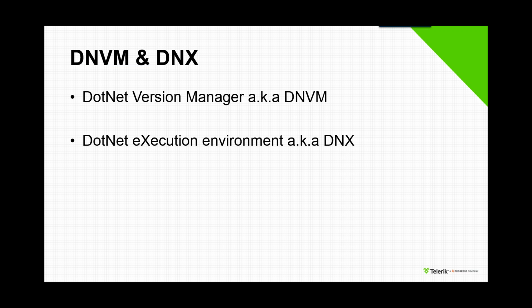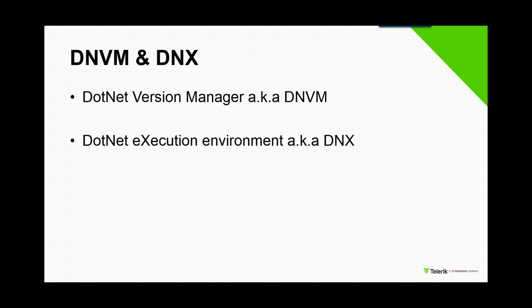So there are a couple of things that you will first need to understand. There are two major things that you'll come across. One is DNVM and the other is DNX. DNVM stands for .NET Version Manager. So there are two core runtimes running now. There's a Core CLR and then there is a CLR also, which can run on a Windows machine.